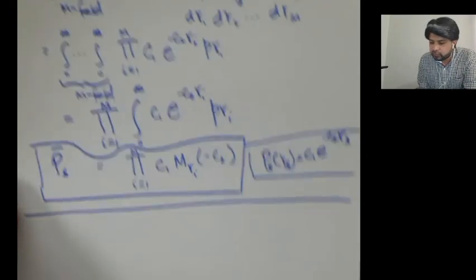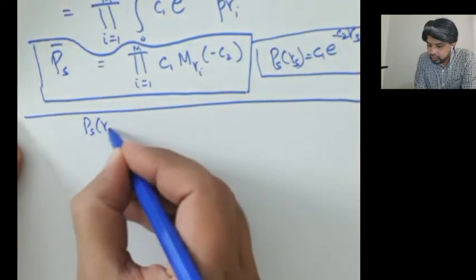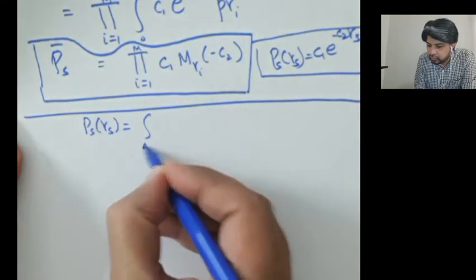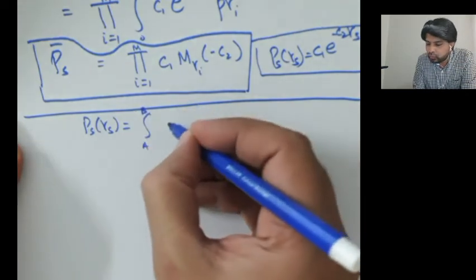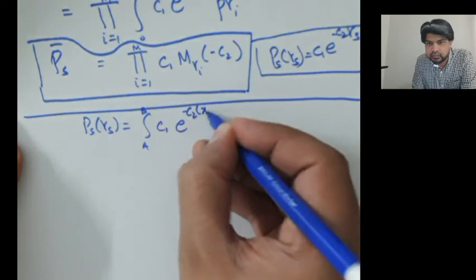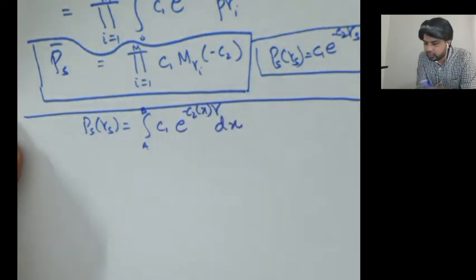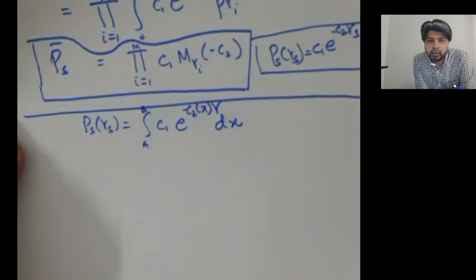If instead of this, you have P S of gamma S as the integral from A to B of C1 e to the power minus C2 of x times gamma dx, right? So this is a generic form of the symbol error probability that is represented for linear modulation schemes using the alternate Q function representation.